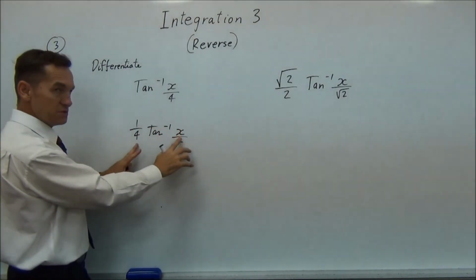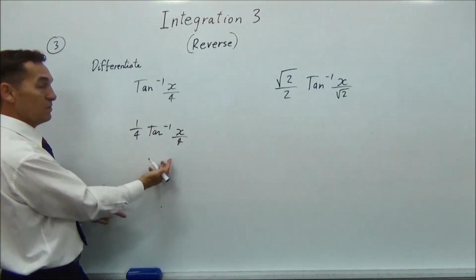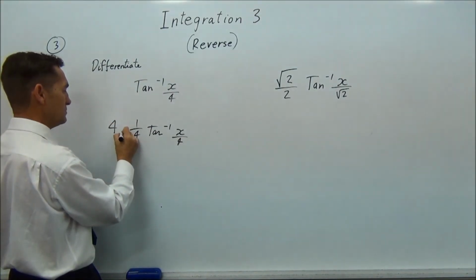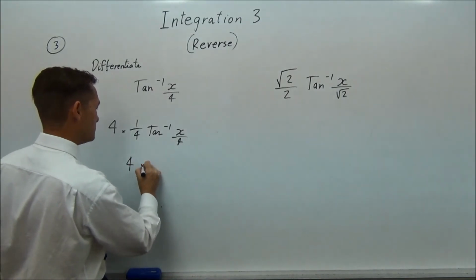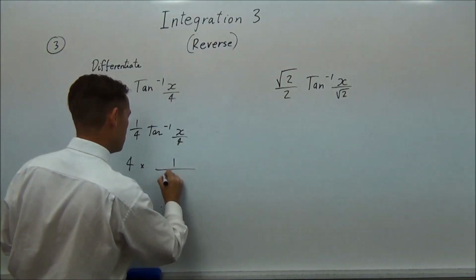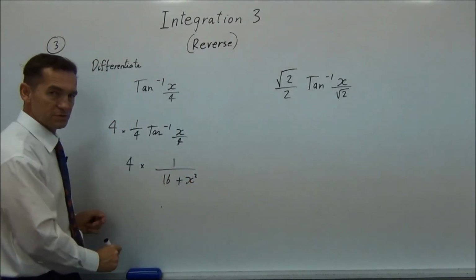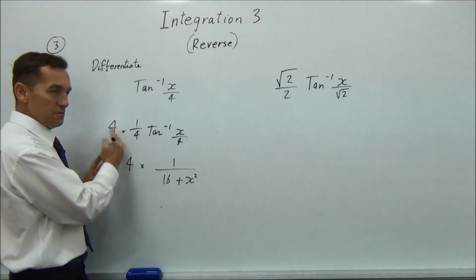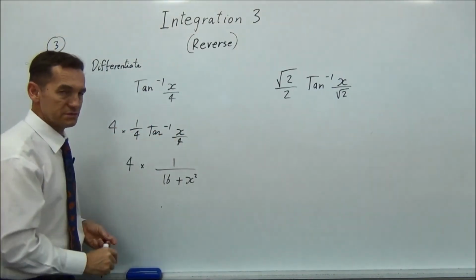Now you've changed the question, which you can't do, but because you've just multiplied by a constant, multiply by another constant and say, well, okay, I'm going to do this multiplied by that. So then your answer will be 4 multiplied by 1 over 16 plus x squared, and the 4 will just go up the top. Okay, so just a little trick there, that it's no big deal to move constants around outside.